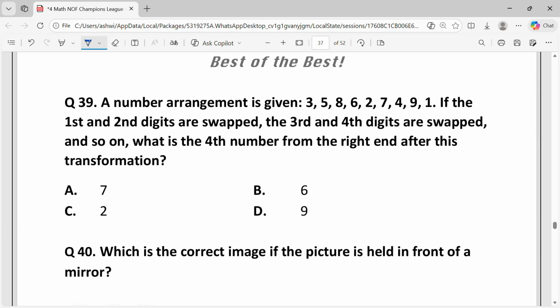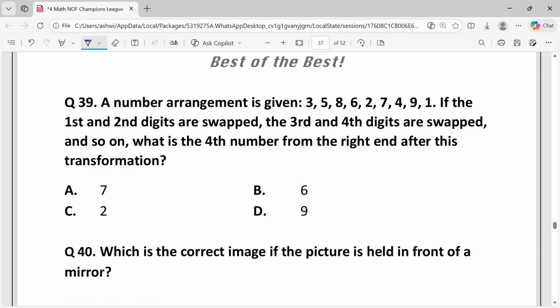Question 39. Number arrangement is given 3, 5, 8, 6, 2, 7, 4, 9, 1. If the first and second digits are swapped and the third and fourth digits are swapped and so on, what is the fourth number from the right end after this transformation?